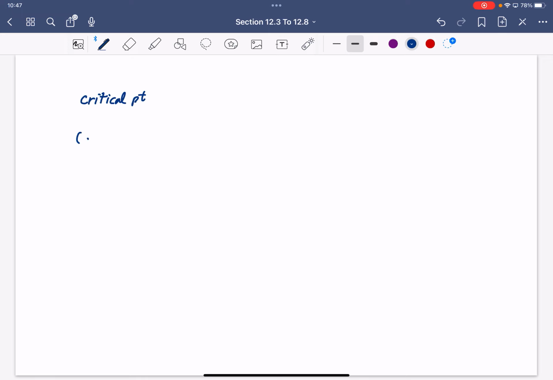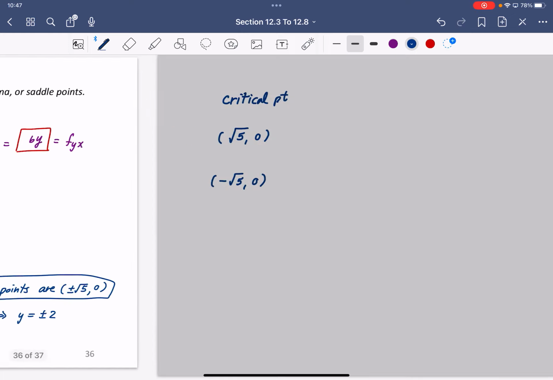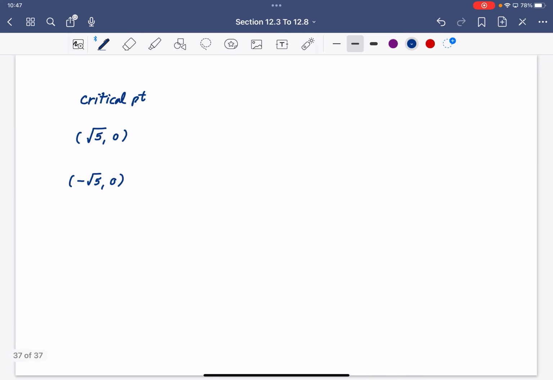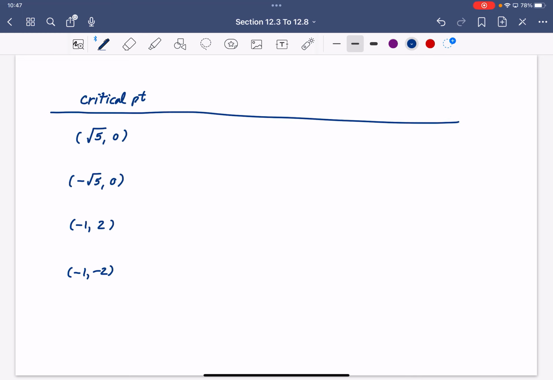The first one is square root 5, 0. The second one is minus square root 5, 0. The next one is negative 1 and 2. The last one is negative 1 and negative 2. You have 4 critical points.